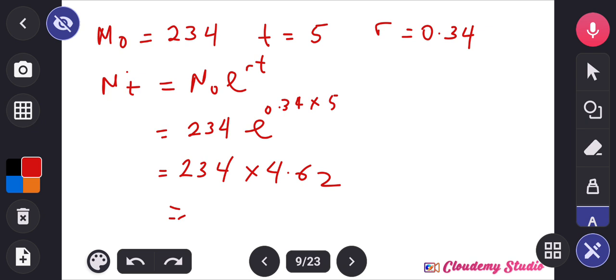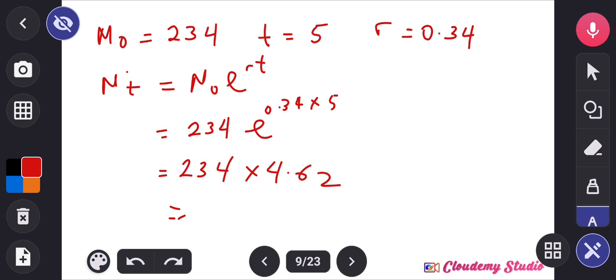You understand? Or multiply by 5. I think I made a mistake. I said multiply by 0.34, right? 0.34 multiplied by 5. Then 234 multiplied by exponential 0.34 times 5.